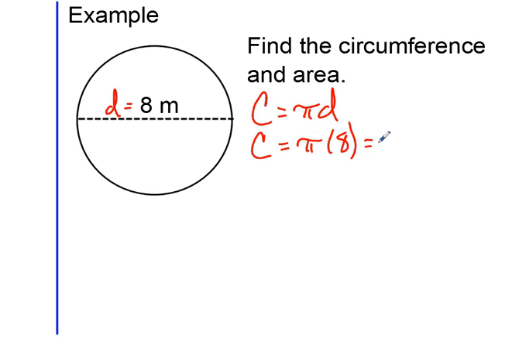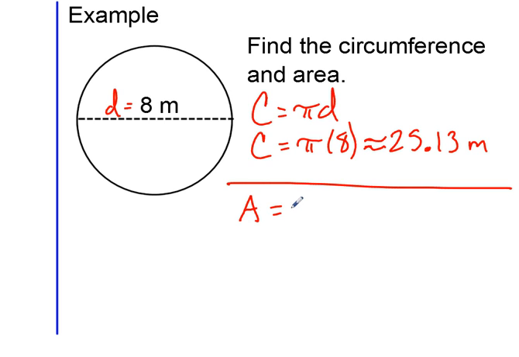We're not going to type in 3.14. So pi times 8 comes out to approximately, not actually equal, but approximately 25.13 meters.